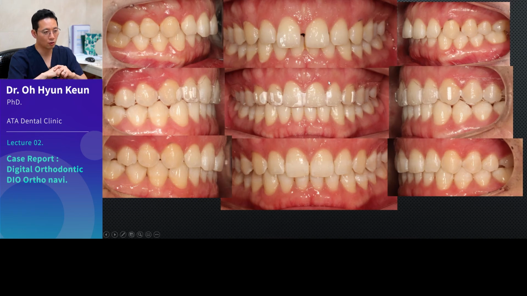Even if we can close the gap, dentists who are not familiar with orthodontic treatments don't have these concepts. So please keep in mind that overbite control is very important in partial brace treatments, alright? If you don't comprehend fully, I have explained it in detail in previous videos, so please check them out.